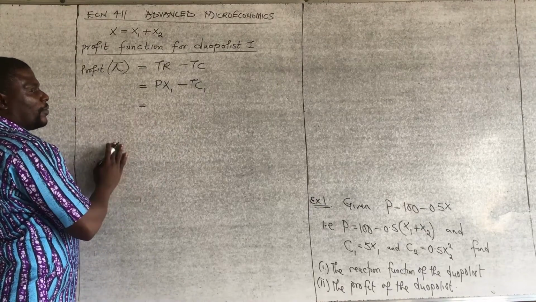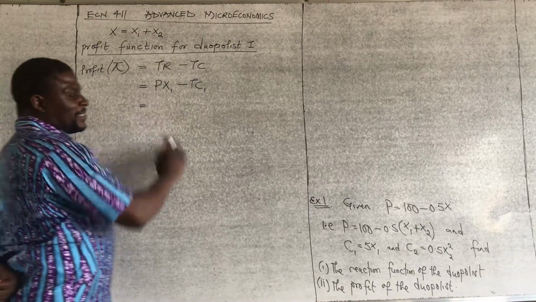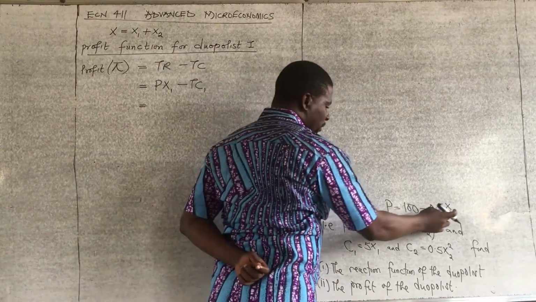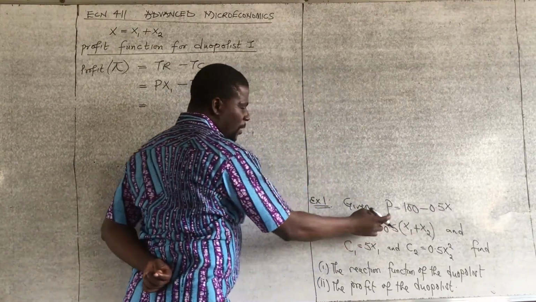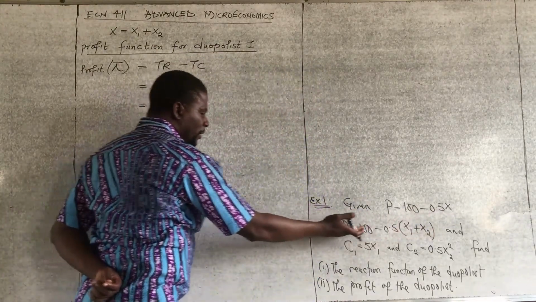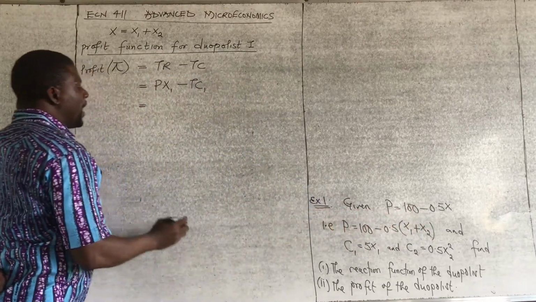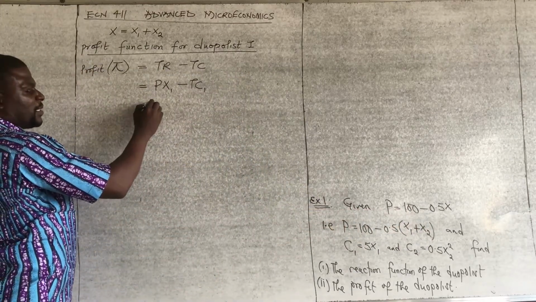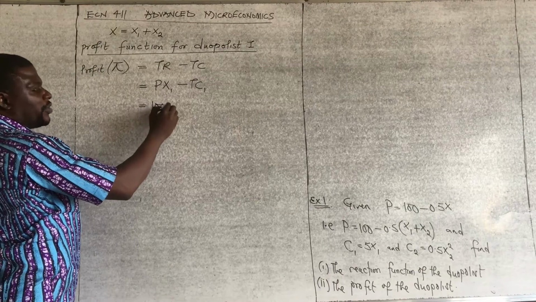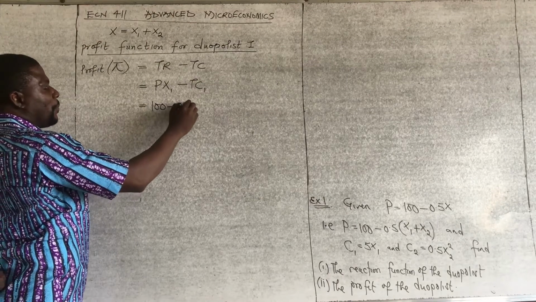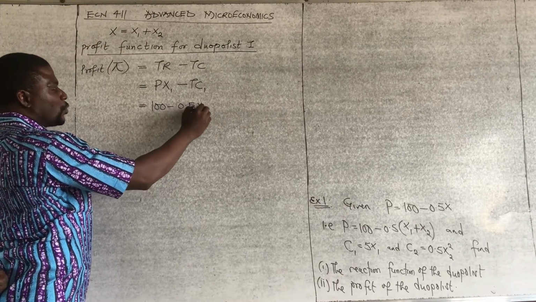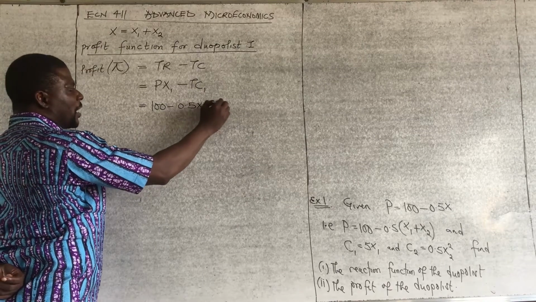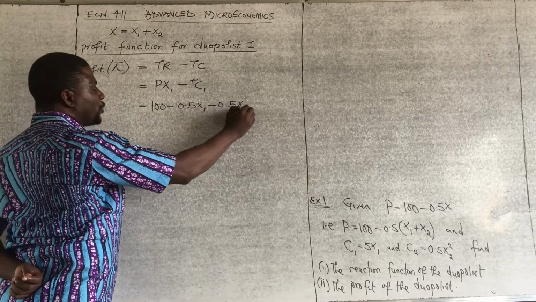So here now, my price, I know it, this is it. But I have to express it in this way. So my price is 100 minus 0.5x1 minus 0.5x2.